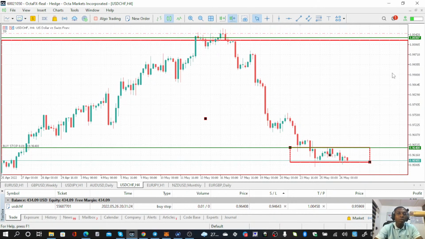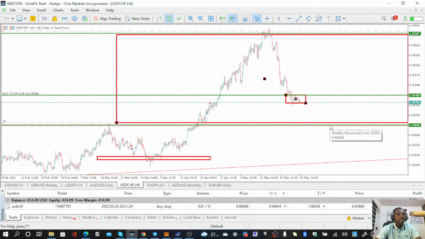So you look at this: we are putting our take profit at the next resistance level, and our stop loss at the closest support level. That's why our stop loss is here, and that's how our take profit is here. The nearest closest support level and the nearest take profit level, which can be anywhere.